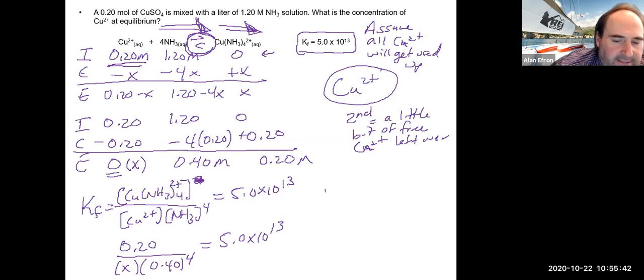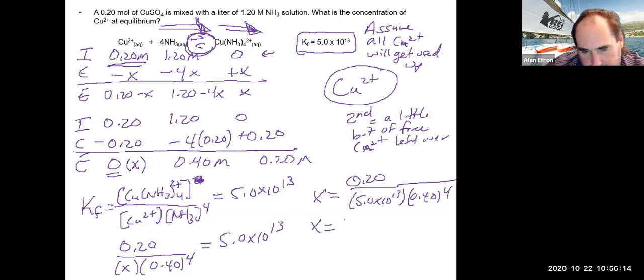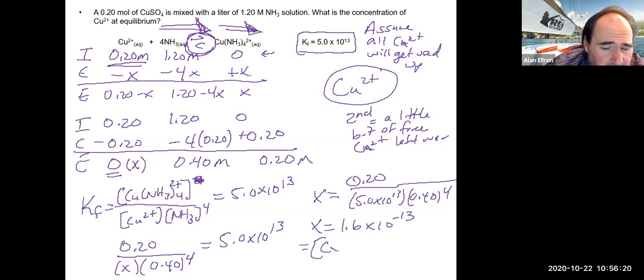We're basically going to swap places and solve for X. X in this case will equal 0.2 divided by 5 times 10 to the 13 and 0.4 to the fourth. And if we do that, we will end up with a value of X of 1.6 times 10 to the minus 13. And that would equal the copper 2 plus equilibrium concentration.